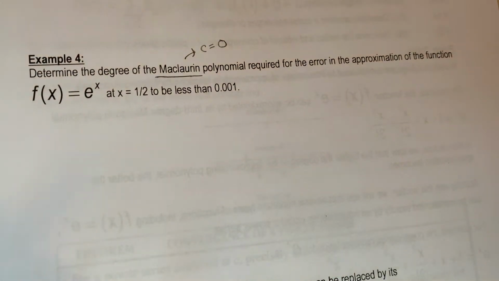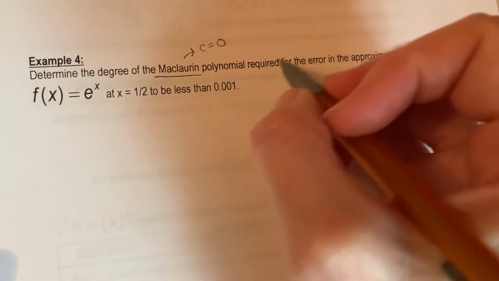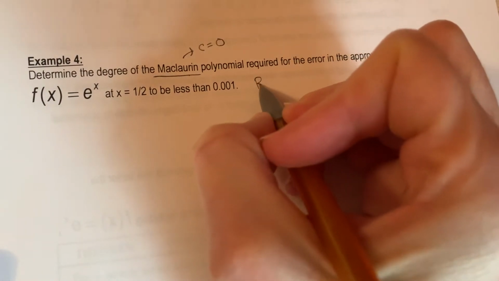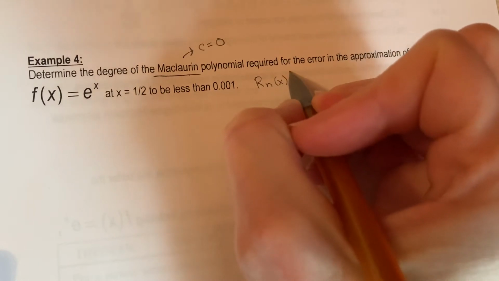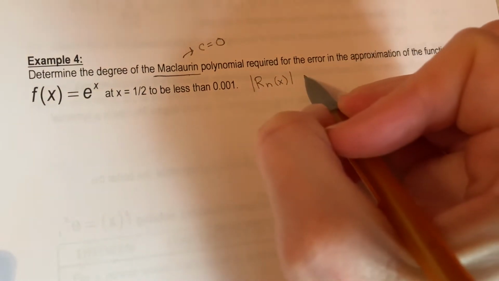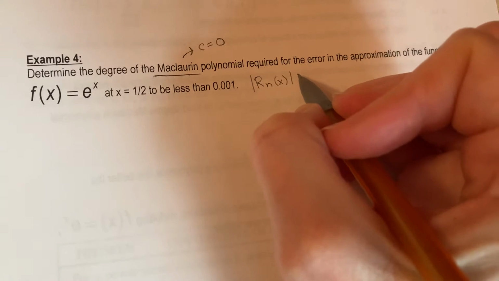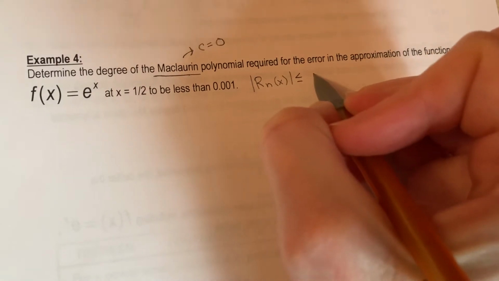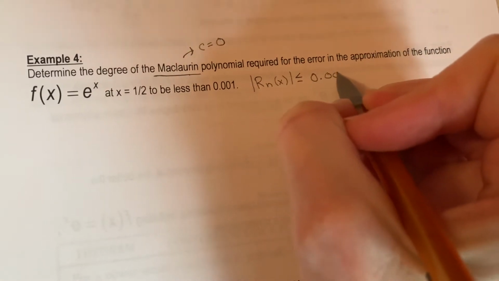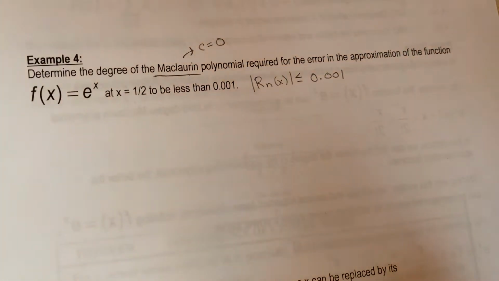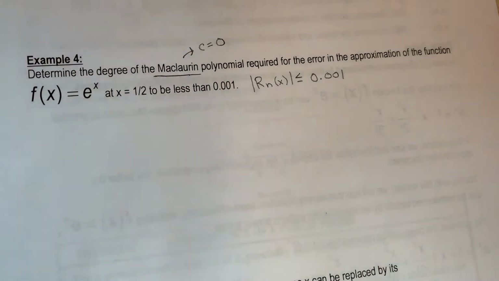So if you think about that big long remainder formula, what we're looking for here is the remainder to be less than or equal to 0.001.